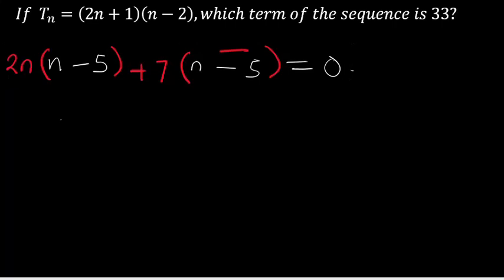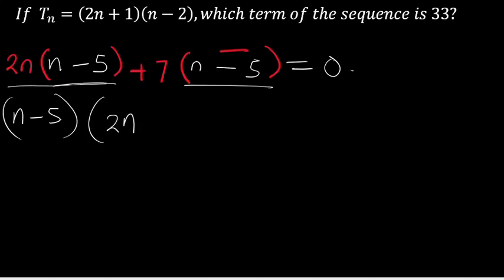Now we have this expression. When you look now, n minus 5 is common. So let's factor it out. You have n minus 5. If you use n minus 5 to divide the whole of this term here, you have 2n. If you also use this n minus 5 to divide plus 7 times n minus 5, you have plus 7, which is equal to 0.